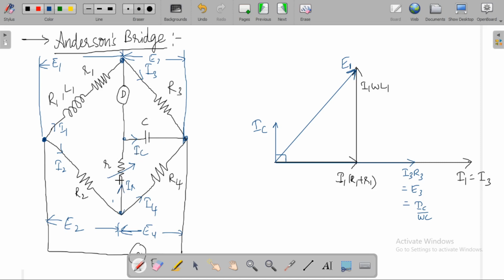So the voltage across R, ICR, will be in phase with IC.